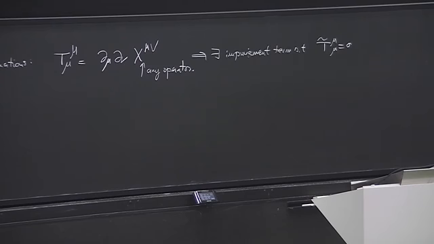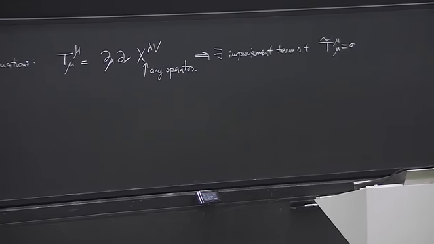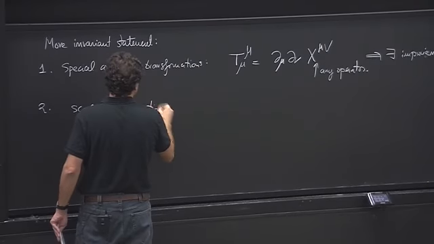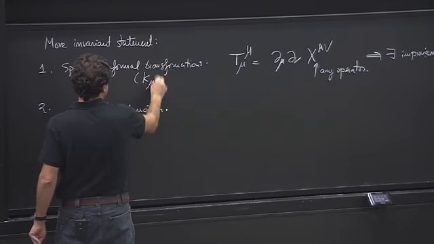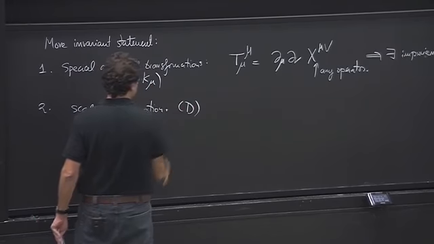And that is the statement that the theory is invariant under scale transformations or dilatations. Remember, this guy was the K-mu generator. This is the dilatation generator.